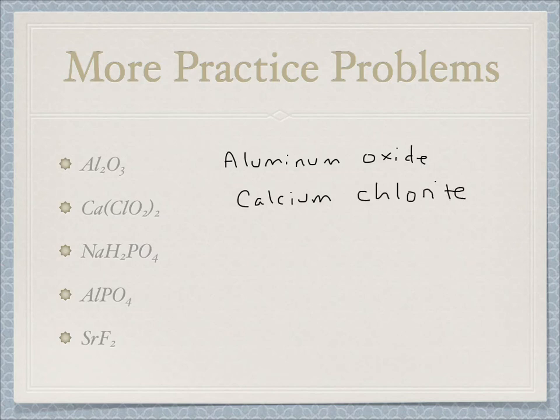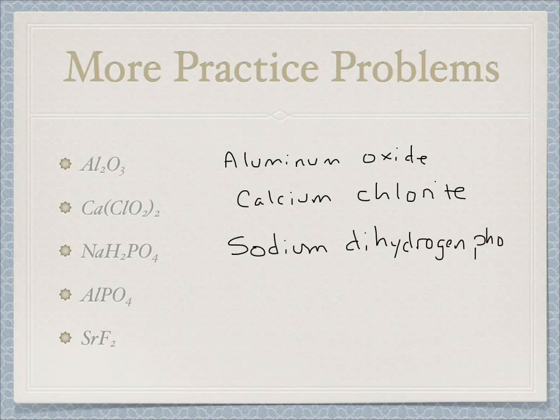This is one of those that ends in ITE. Same thing with this one, H2PO4, and you'll see a lot of PO4 ones. There's a PO4, there's an HPO4, there's an H2PO4. So this is known as sodium dihydrogen phosphate. This is one of the few times where we actually have 3 words in the name.